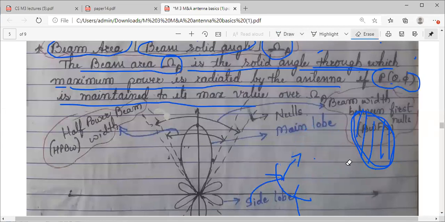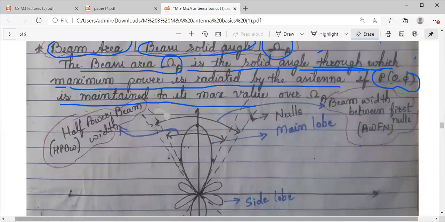And whatever structure I have drawn here, it is very important to understand these antenna parameters in the beam area, especially what all terminologies are there, because this is related in turn to module 4. In module 4, you will completely deal with the problematic part, wherein the structure which I have drawn, you will be drawing for definite angles.